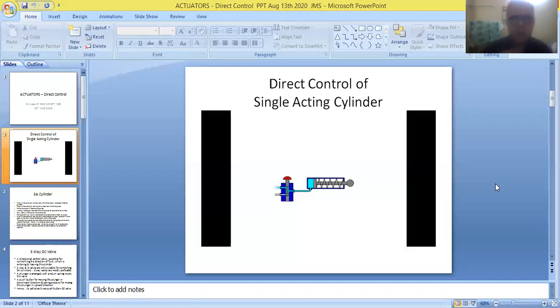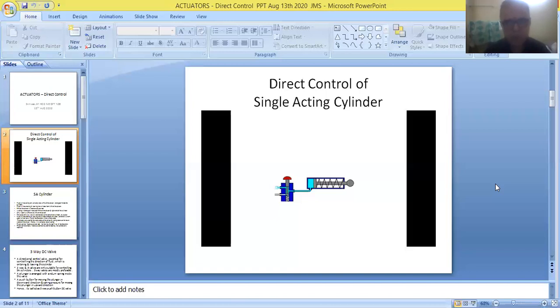Now, you can see, as informed in the beginning, this is the arrangement of a single acting cylinder. So fluid is entering and leaving the cylinder from the left hand side of the piston. So it is acting only on the left hand side of the piston.